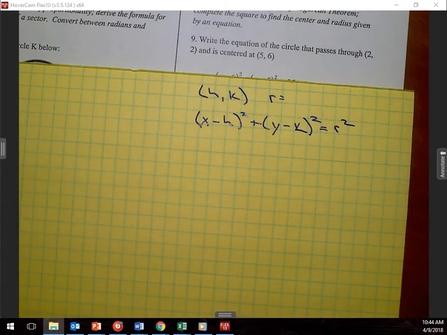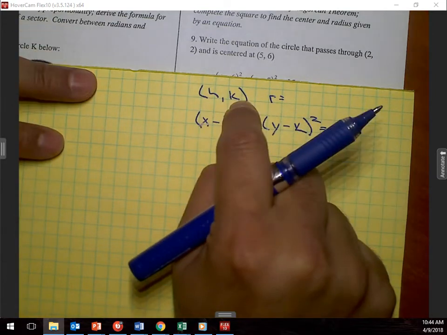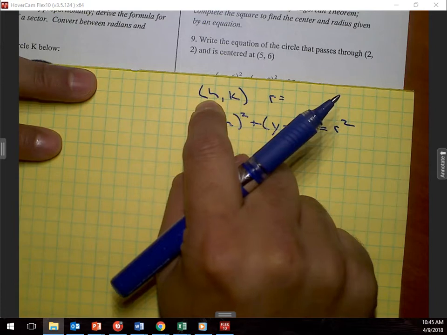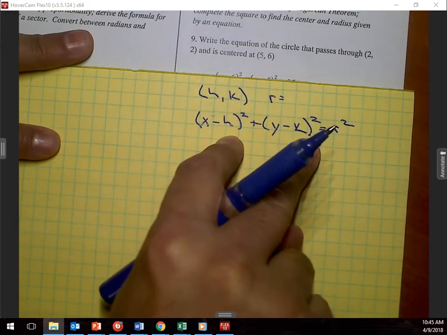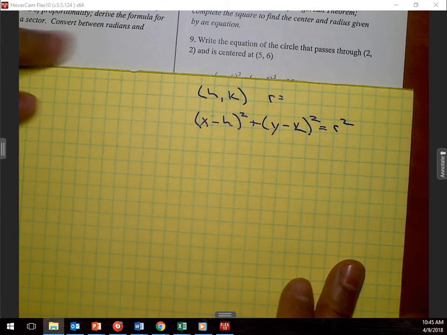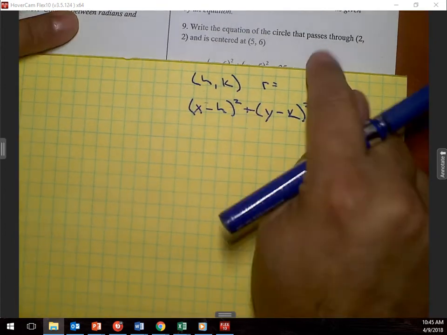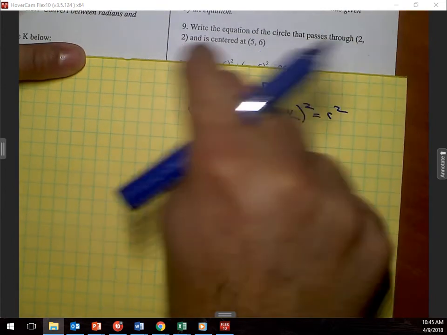So, if I have a point, my x value is the h, my y value is the k, and they just go in here. So that's the basis of this. So write an equation of a circle that passes through here and is centered at here.